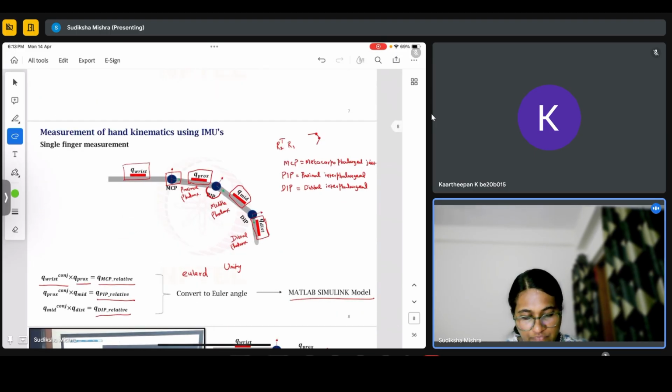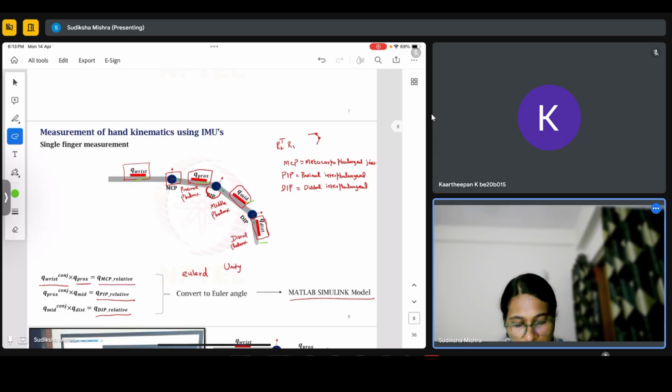The measurements are done such that there are chips present on the distal phalanx, on the middle phalanx if you were to see a finger, on the proximal phalanx, and on the wrist. Essentially, these chips give out the measurements in terms of quaternions.